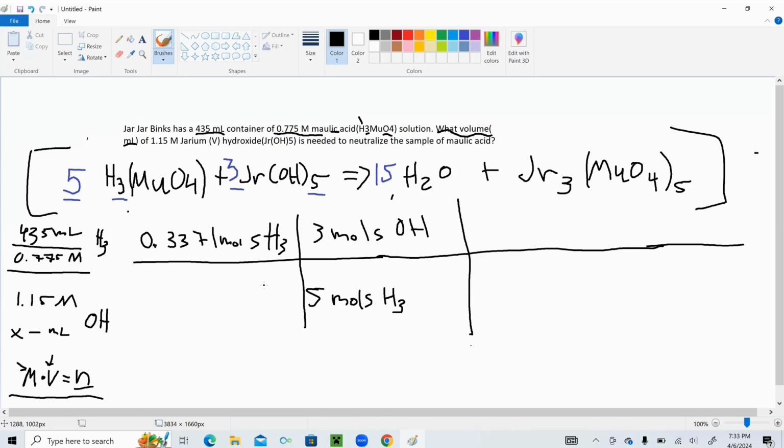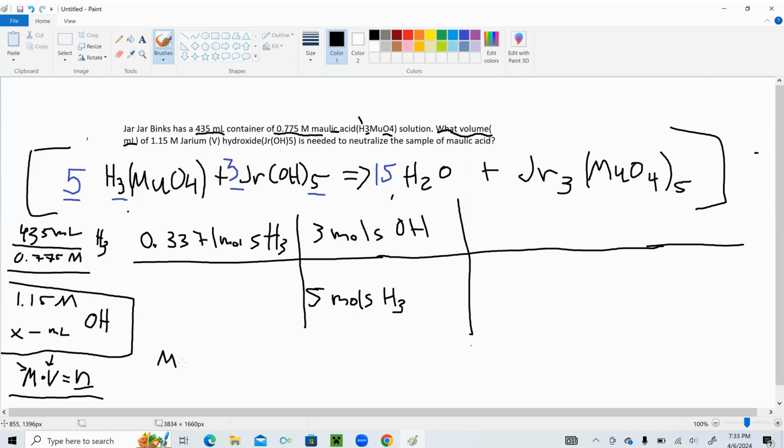So right now, I have moles, moles, moles. We're trying to find volume. What do you think I'm gonna put down here to cancel out the moles? Only using this information given. We only have 1.15 M of a hydroxide.